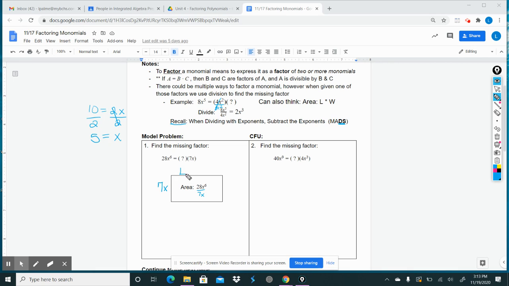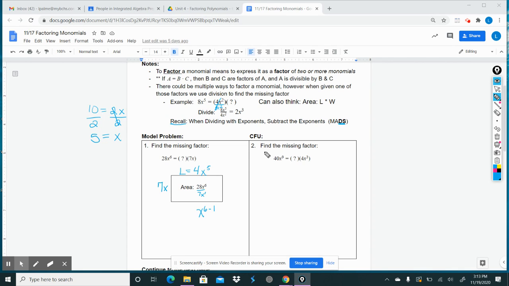Remember, 28 and 7 are going to get divided, so 28 divided by 7 is 4. X to the sixth divided by x to the first, because there's a 1 on the x, is x to the sixth minus 1, which is x to the fifth. So 4x to the fifth is our missing factor.